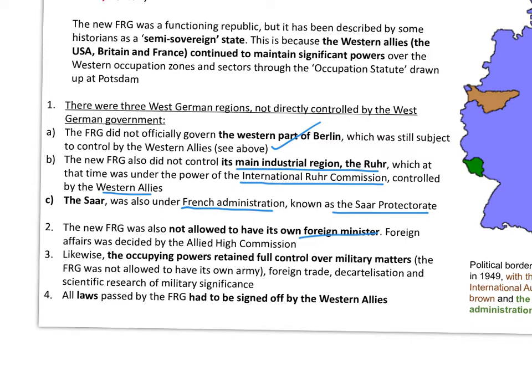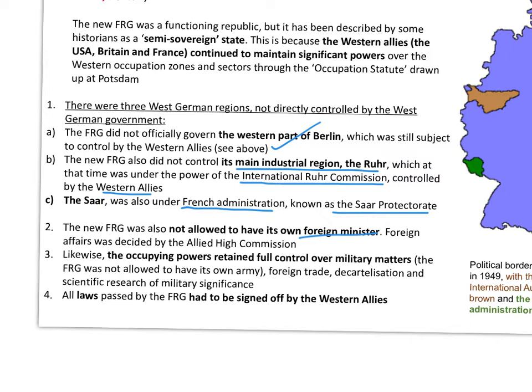So again, that's one of these 3 West German regions that's not directly controlled by the West German government. So this is therefore a key reason why West Germany, the West German government, was not a fully sovereign state, because there were 3 regions it did not have full control over. Those 3 regions were controlled by the British, the Americans and the French.